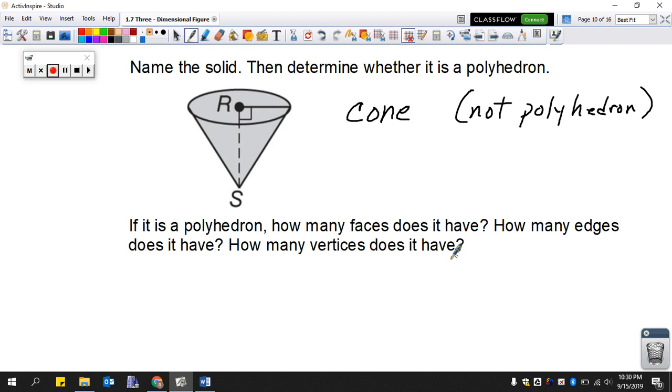And because it's not a polyhedron, it doesn't have any faces, edges, or vertices that we count, as it doesn't have a polygon face, because the face is a circle. I guess we would have a vertex where that is, but a vertex really is formed when polygons meet, and because the edge of a cone is not a polygon, it really is not necessarily considered a vertex, right? All right.